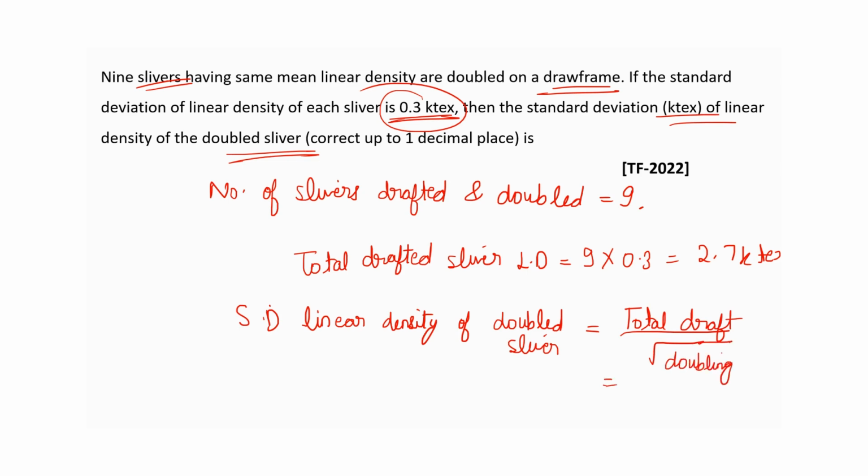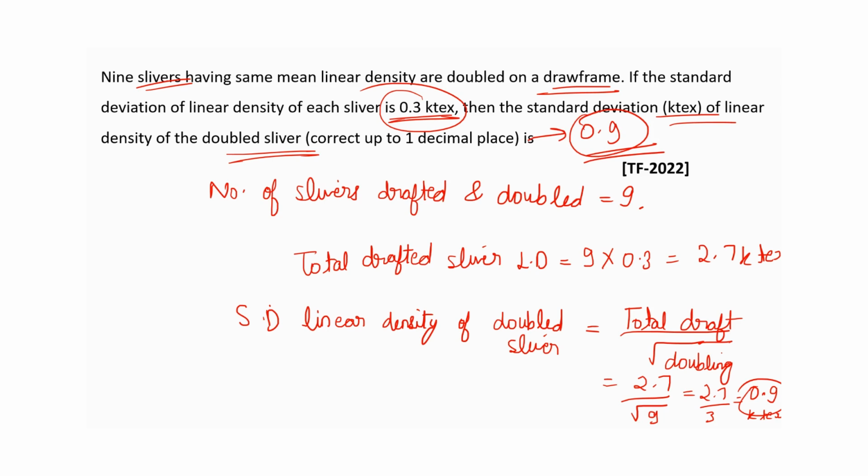That means total draft is 2.7, and doubling is 9. That means root of 9 means 2.7 upon 3, that is 0.9 kilotex. So the answer is to 1 decimal place, and the correct option is 0.9. So this is a 2-mark question.